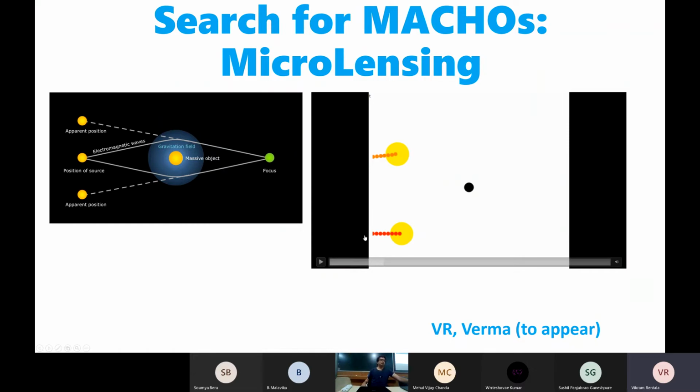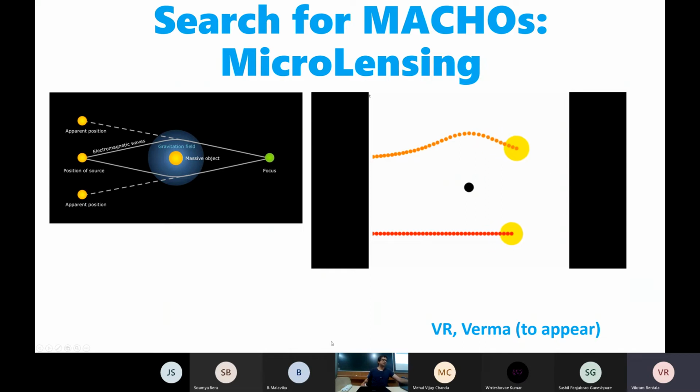Now imagine this is a star where you don't have gravitational lensing effects. And this is the trajectory of the star if you have gravitational lensing effects. So what you will see is something like this. The star that undergoes gravitational lensing will first of all experience a deflection in its trajectory.